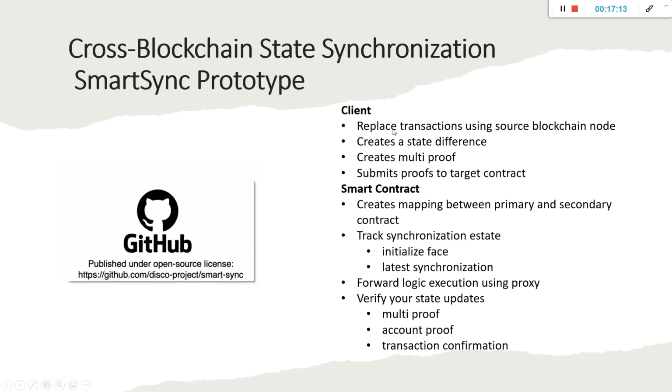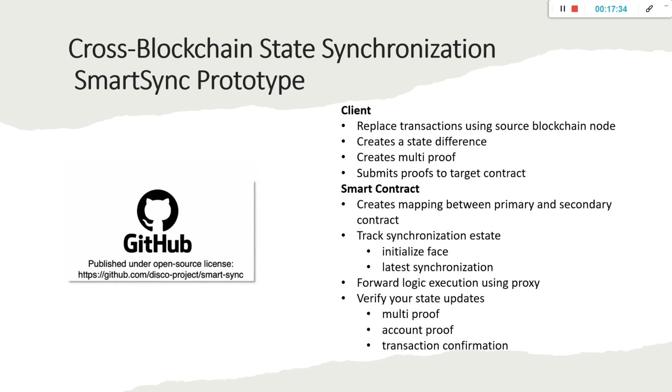The authors have also provided a client and smart contract to mimic this procedure. The client includes the replay of transactions using the source blockchain node, and can also create the state differences, create the multi-proof, and submit the proof to the target contract.